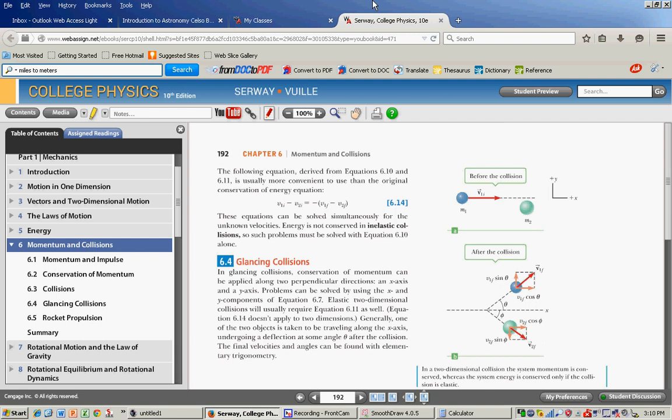Okay? So it's a handy-dandy equation that prevents us from using second-degree or quadratic equations, and it simplifies our lives a lot.